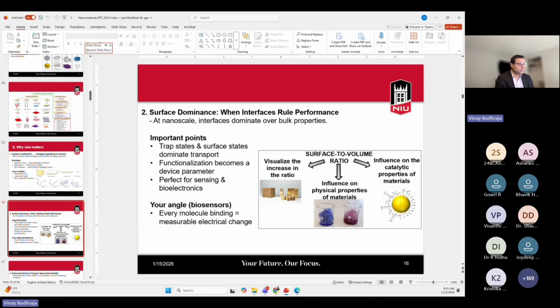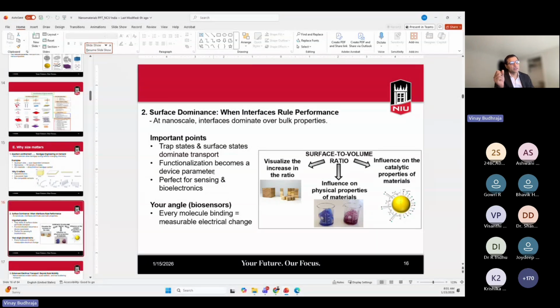The second reason why size matters is surface dominance, where interfaces rule performance. At nanoscale, interfaces dominate over bulk properties. Trap states and surface states dominate transport, and functionalization becomes a device parameter.